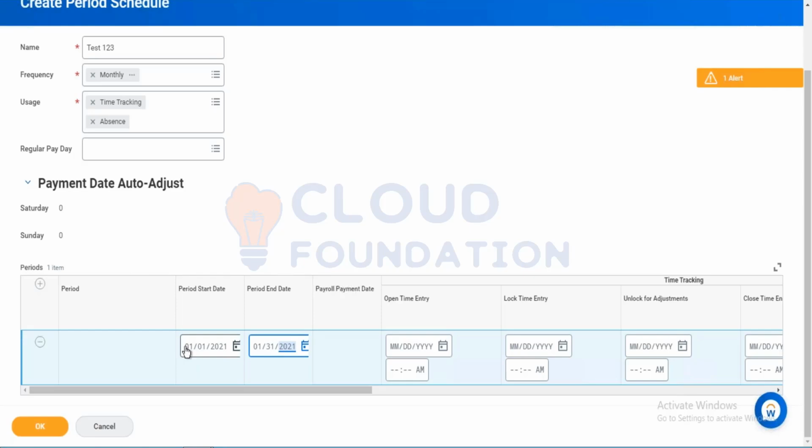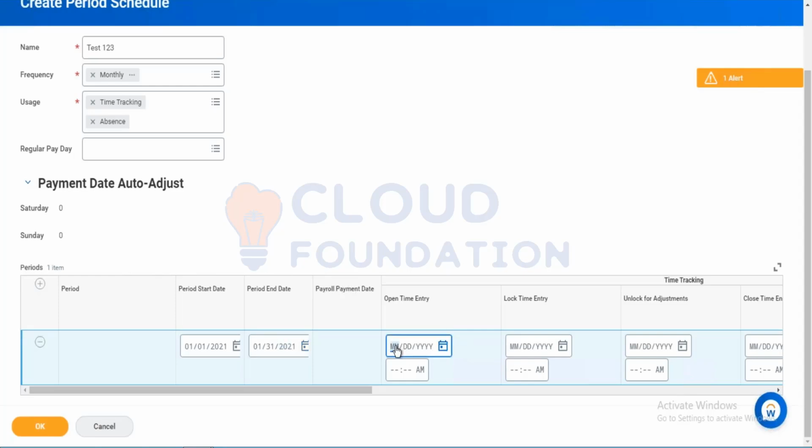The period start date is 1st of January and the period end date is 31st of January. So this is the first period. Now open time entry means when to open the time entries for those folks, when they can enter the time.